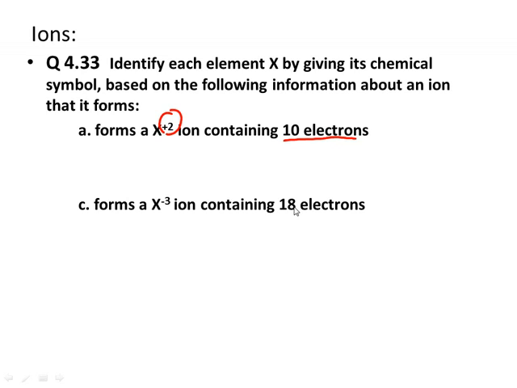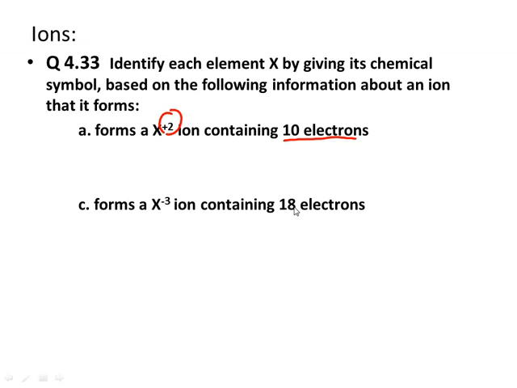Now, if you look at the periodic table, there are different ways to do it. Okay, let's do the easy way. As I said, the fact that it has 2 plus charge means that it lost 2 electrons in order to make this cation.